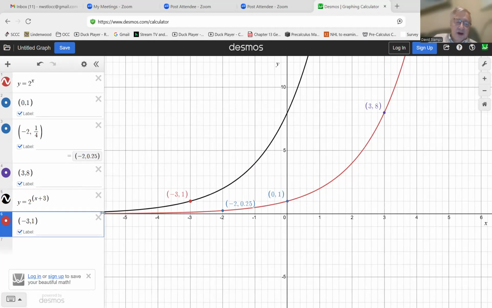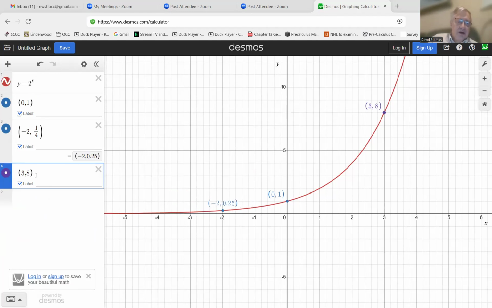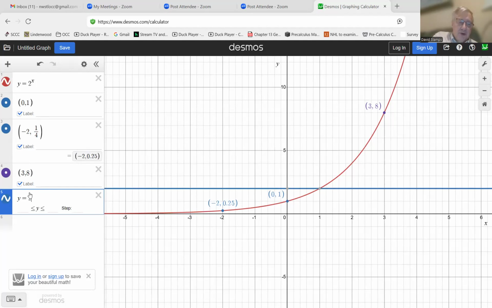So those were horizontal transformations: replacing x with x minus something moves the graph to the right, and replacing x with x plus something moves it to the left. So now we'll do a couple of other things. Suppose we were to do a vertical transformation, in which case all we do is keep the original 2 to the x, and then maybe we could subtract.